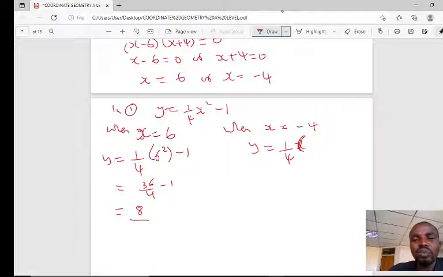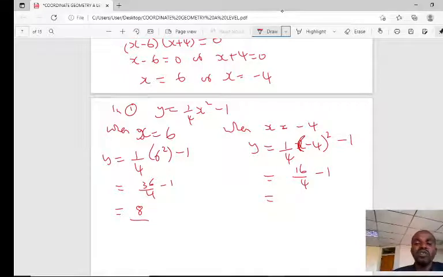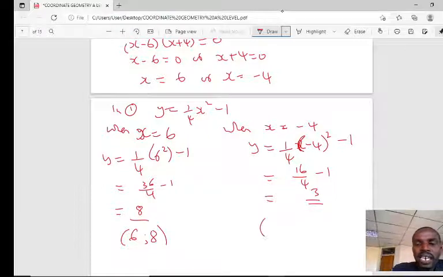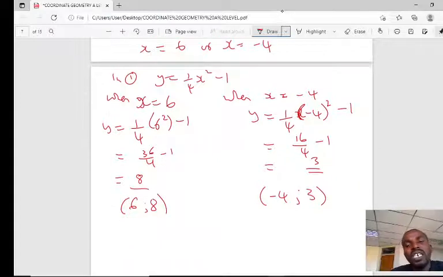Where there's x, you put minus 4 squared minus 1, which is equal to 16 over 4 minus 1. 16 divided by 4 is 4. Minus 1 is 3. So we have two coordinates here, x 6, y 8, and x minus 4, y 3.